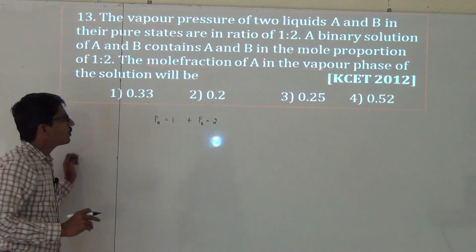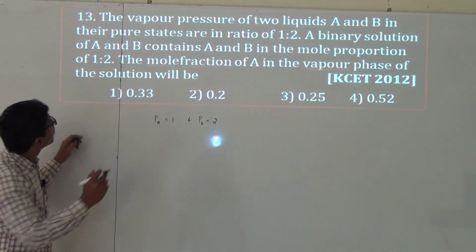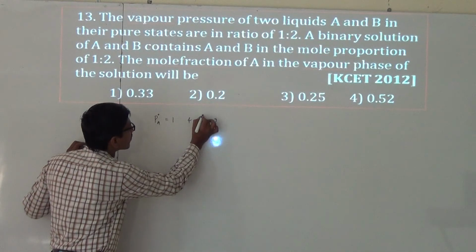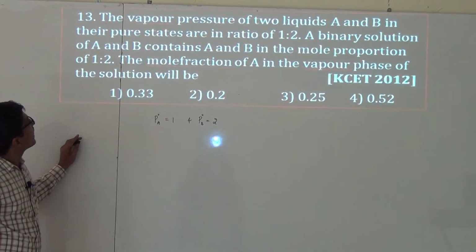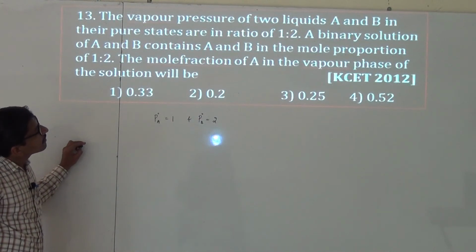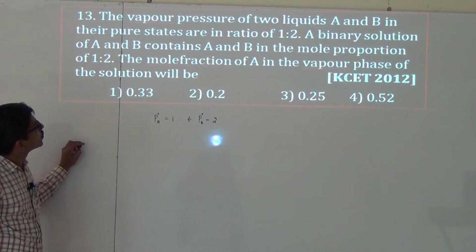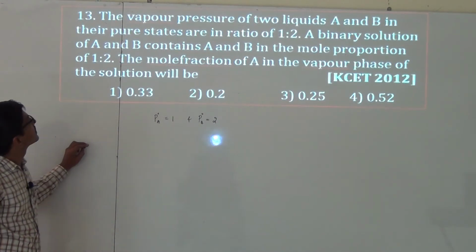A binary solution of A and B contains A and B in the mole proportions 1:2. What is the mole fraction of A in the vapor phase?